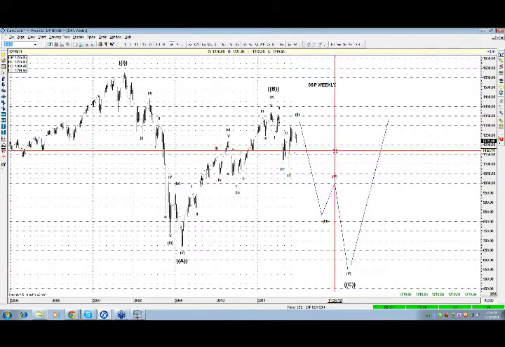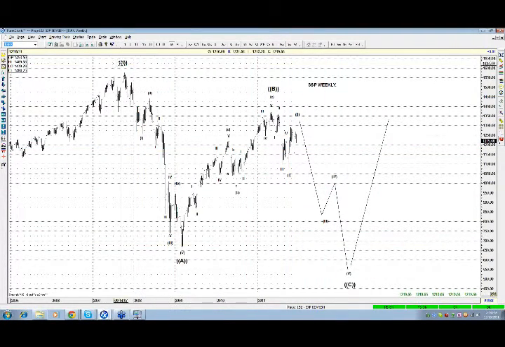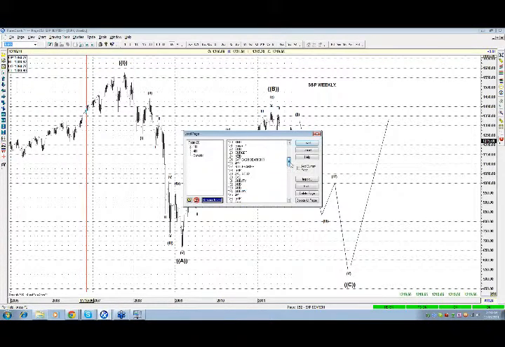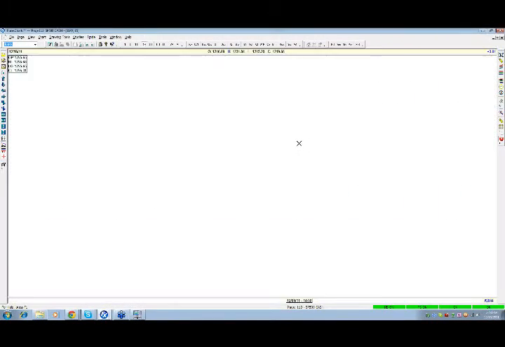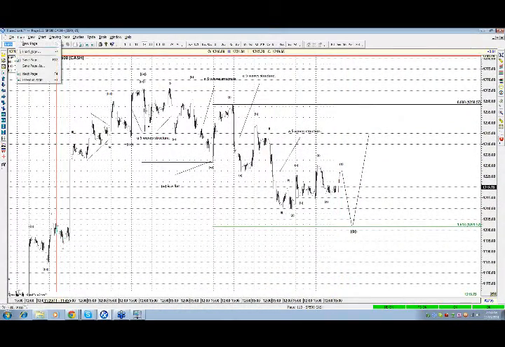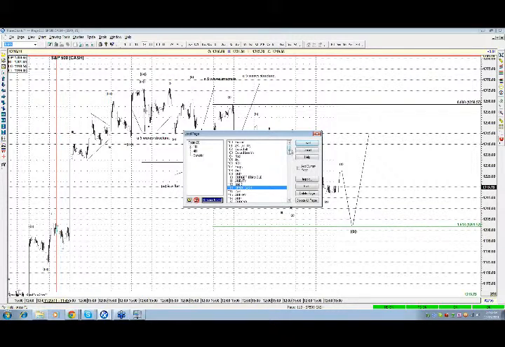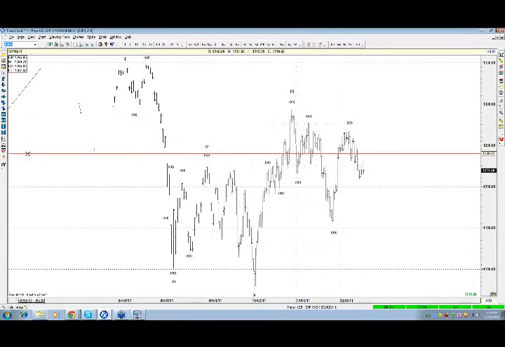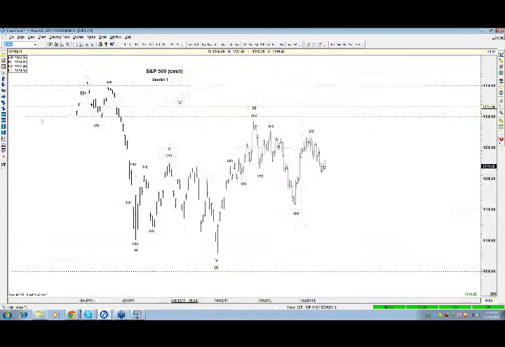Right now, the S&P. Now, let's take a look at the S&P in a small time frame. We have two counts that can be possible. This one, the most bearish one.